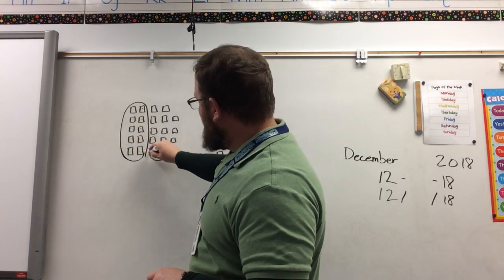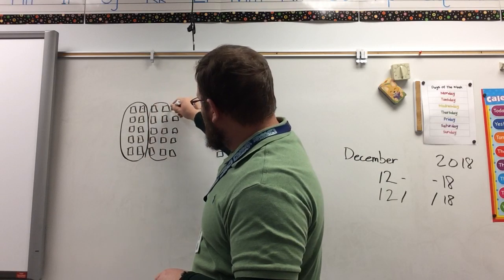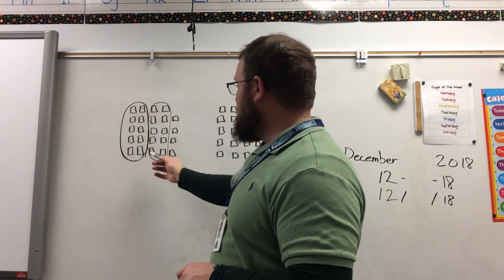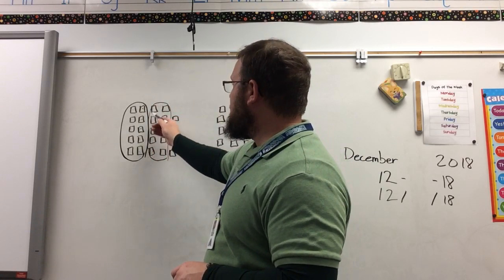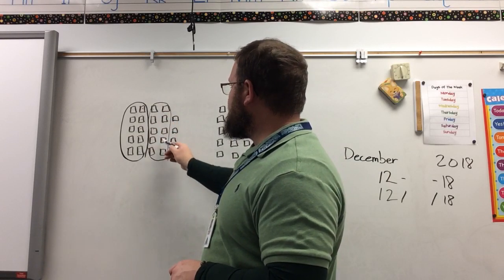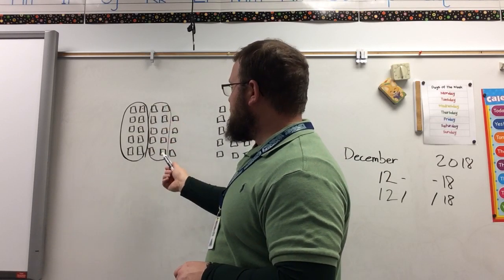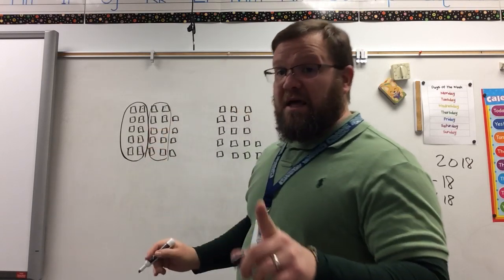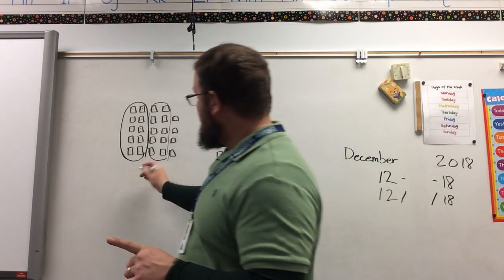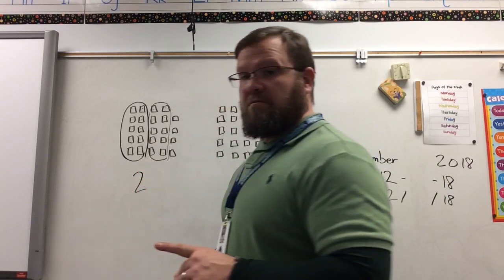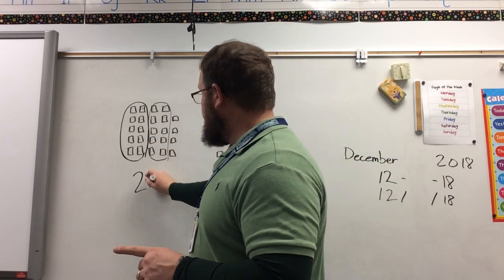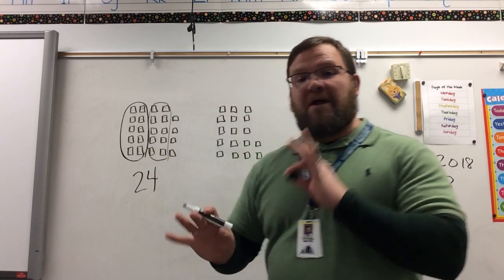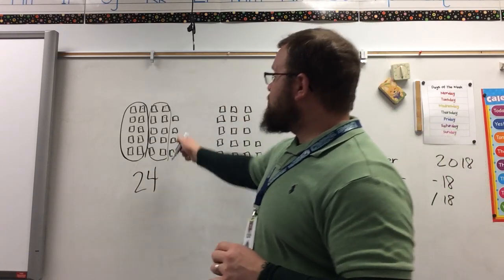I can also circle this one, because there's also 1, 2, 3, 4, 5, and 1, 2, 3, 4, 5. And like we already saw, 5 and 5 go together to make 10. So it looks like in this one I have two groups of 10 and 4 left over. So my number is 24. I have 24 of these.